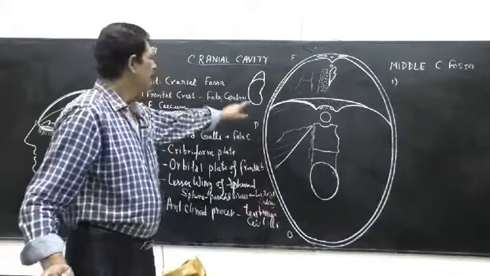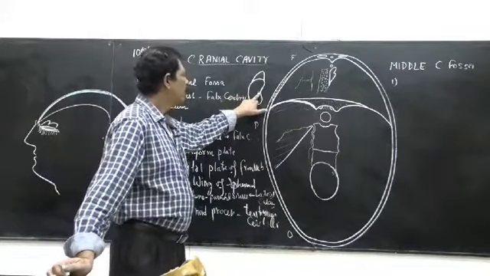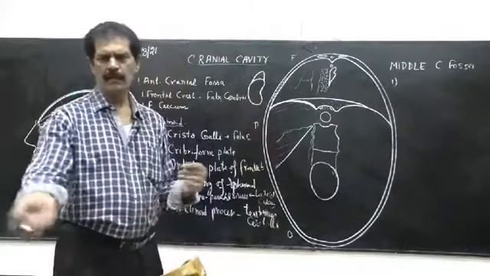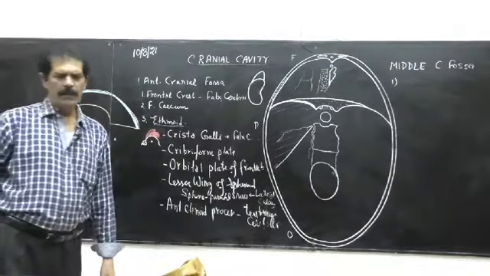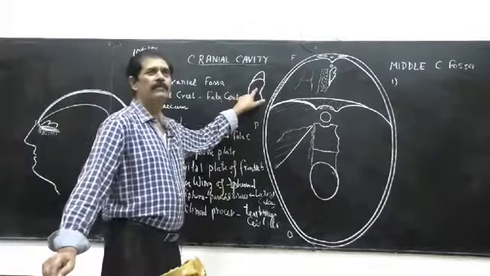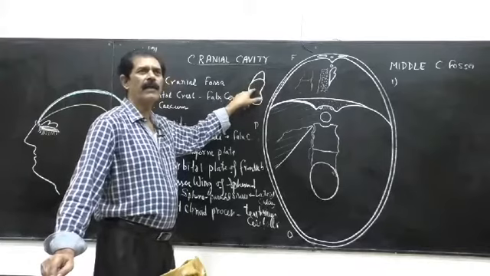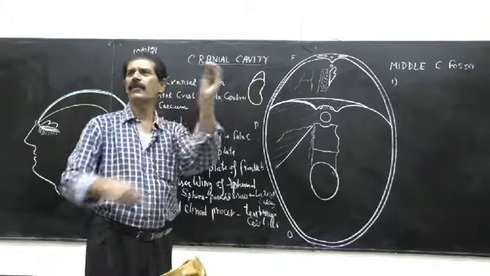Make a big kidney, make a suprarenal gland. What you have made is the inferior surface of the cerebral hemisphere.